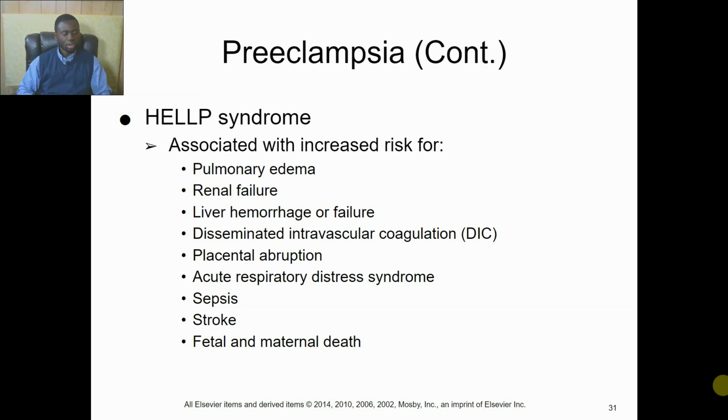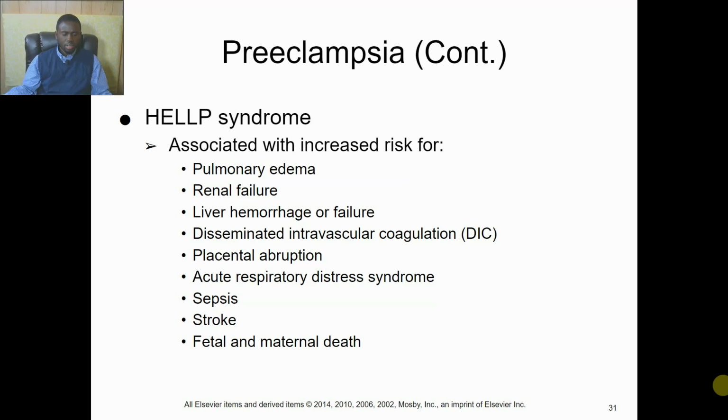The patient can also experience acute respiratory distress as a result of HELLP, and sepsis can ensue from the bleeding that is going on, and sepsis is just a systemic infection in the bloodstream.